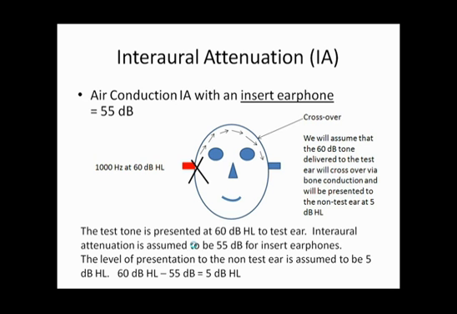What would be the level that would appear on the opposite ear? Well, a 60 dB HL tone minus the reduction, interaural attenuation for insert phones, we're going to assume it's 55 dB. That would mean that the sound is heard in the cochlea over here. Remember, it's detected via bone conduction. Via bone conduction on the left side at 5 dB HL.